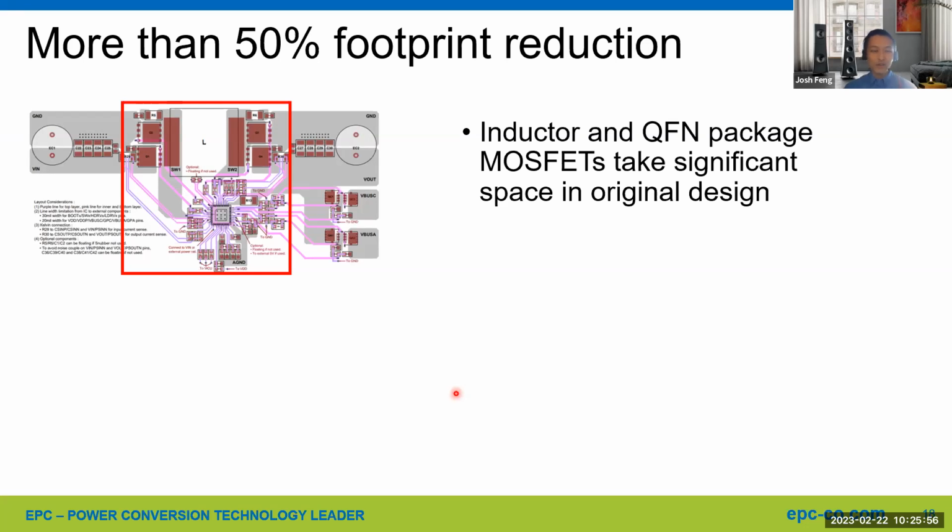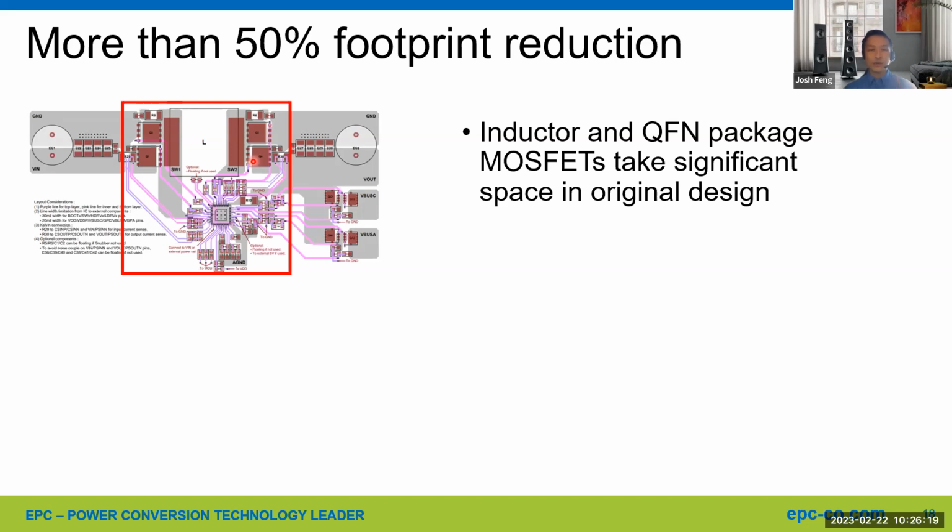If you look at the original evaluation board reference design, that big chunk itself takes half of the space. Even though you have a pretty small controller, the output stage is quite significant in terms of space, taking huge space from this great product.